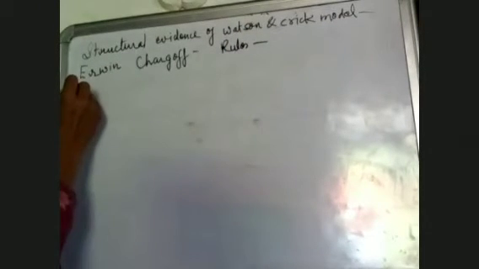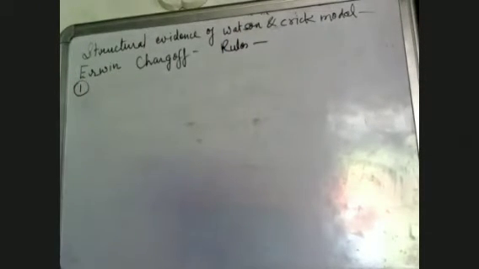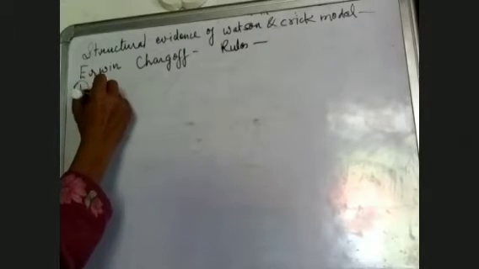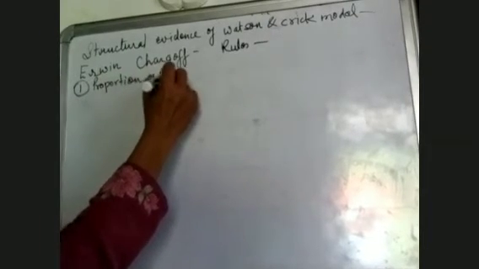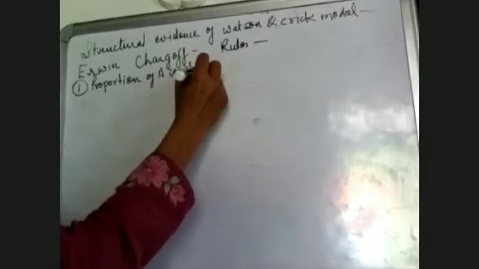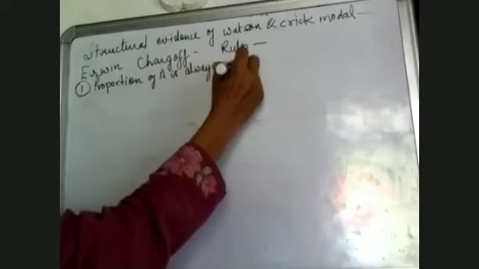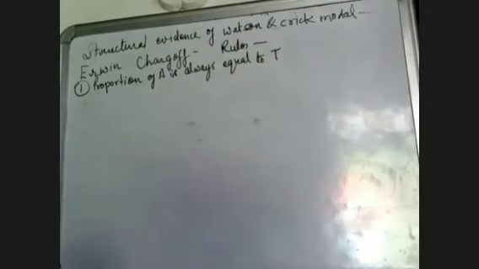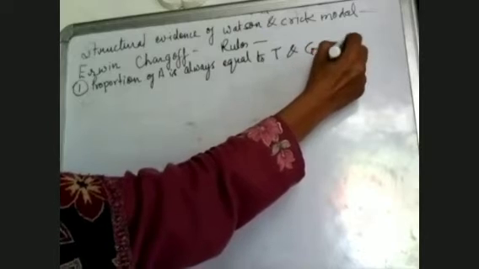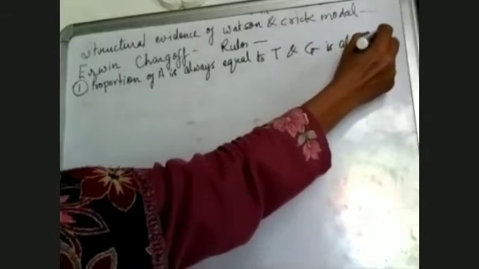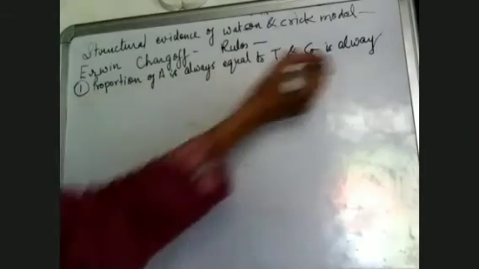His number one rule was that the proportion of A is always equal to T and the proportion of G is always equal to C.